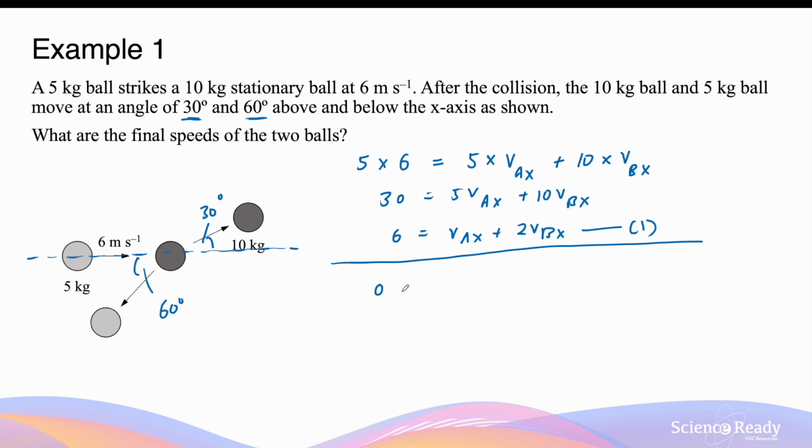So we have 0 equals 5 kilograms multiplied by Vay, the velocity in the y direction, plus 10 kilograms times Vby, the velocity of the 10 kg ball in the y direction. If we rearrange the equation, we get Vay equals 2 Vby. Let's call this equation 2, as I'll return to it later as well.